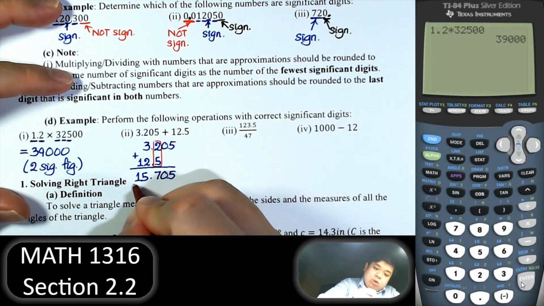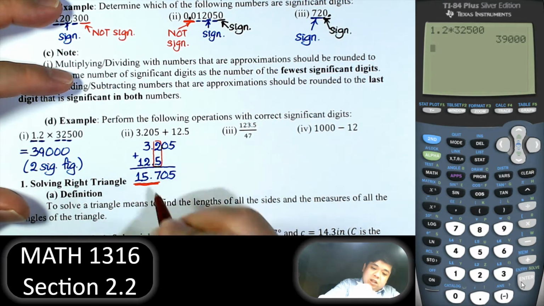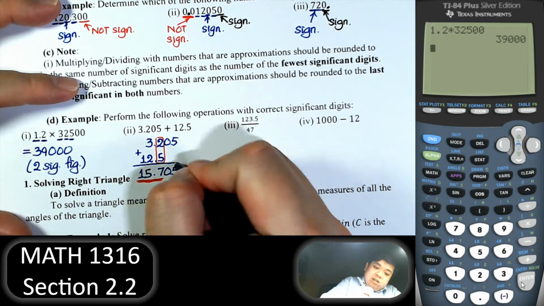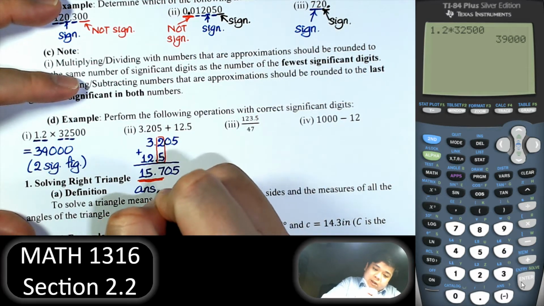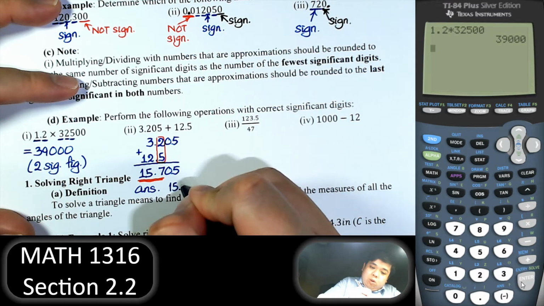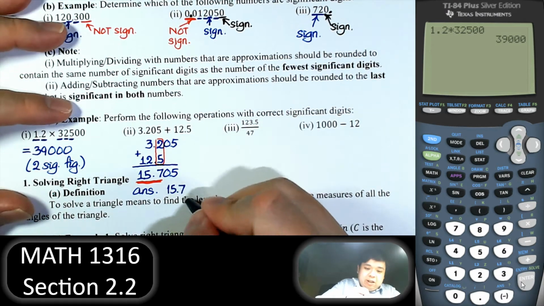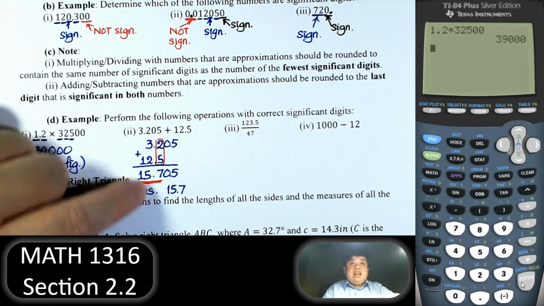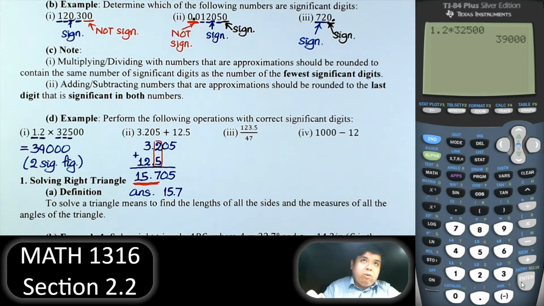So in this problem we should keep those 3. So the answer for this is going to be 15.7. We round to 15.7 because 5 is the last digit that is significant to both.